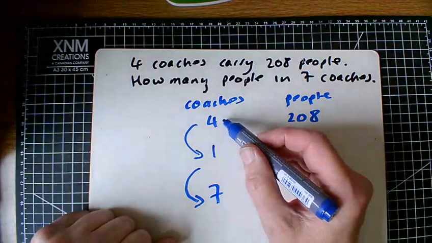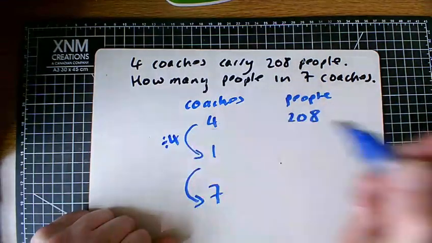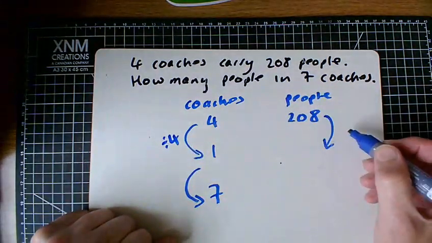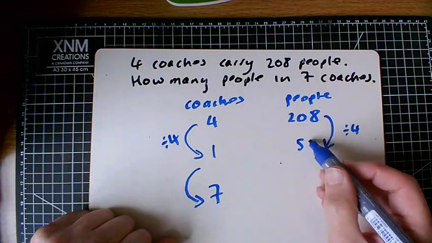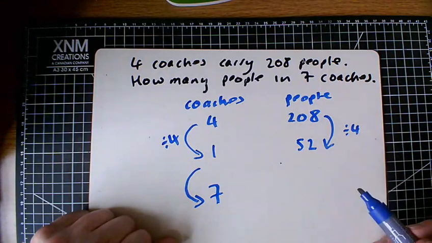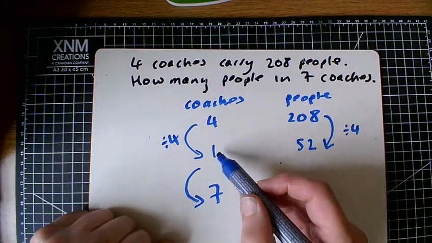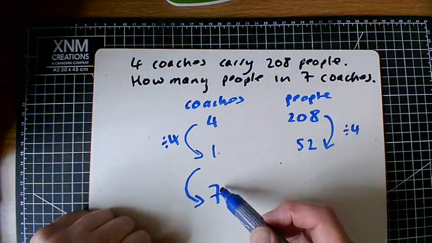So if I start at 4 coaches and I want to go down to 1, I'm basically dividing by 4. So if I divide this by 4, I get 52. So 1 coach can carry 52 people. Now, if I know 1 coach can carry 52 people, I want to work out how much 7 coaches can carry.